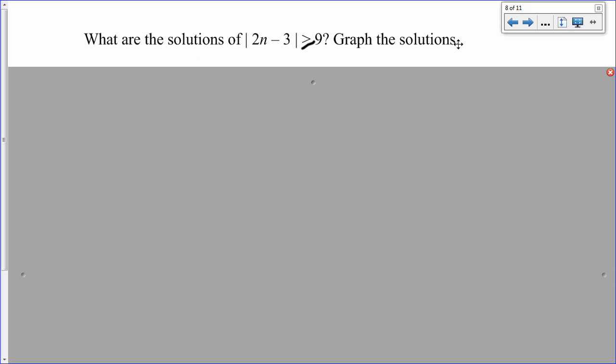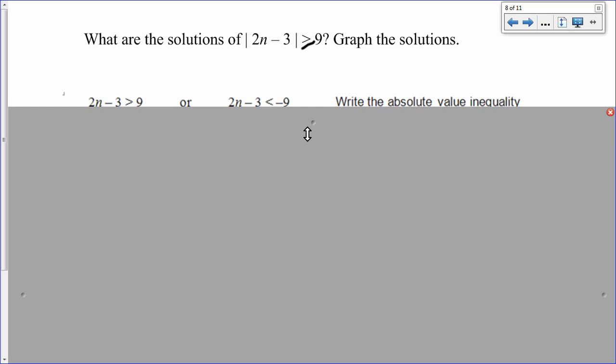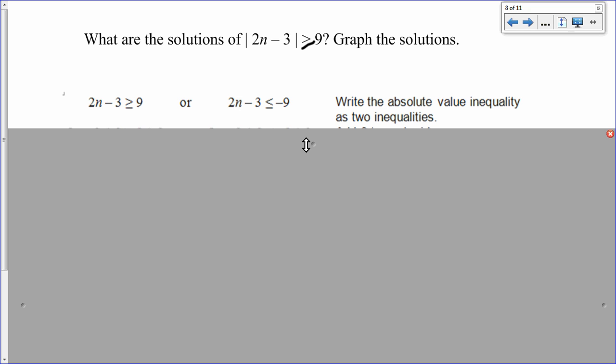What are the solutions of the absolute value of 2n minus 3 is greater than or equal to 9? Graph the solutions. Well, we're going to set up two separate inequalities. 2n minus 3 is greater than or equal to 9, or 2n minus 3 is less than or equal to negative 9.